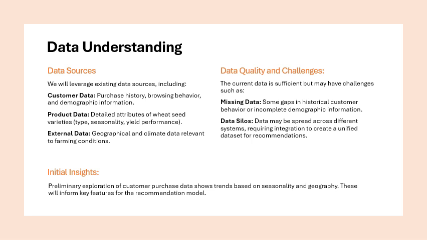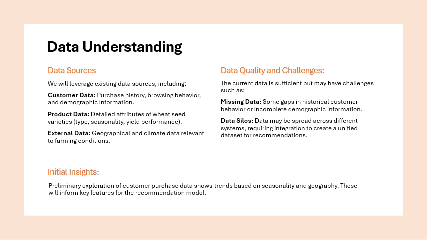So this is detailed attributes of wheat seed varieties, type, seasonality, yield, performance, and all. We have that data because we've been doing a lot of internal research on these varieties before they are commercialized, or because we've been selling these varieties for 2 or 3 years already.